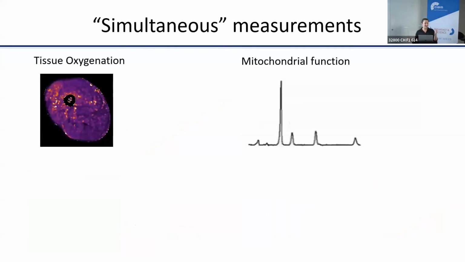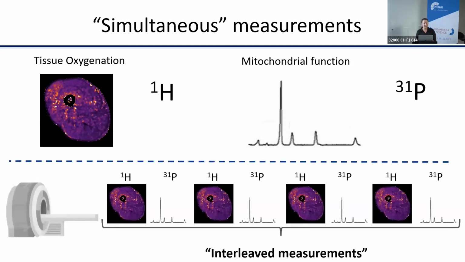And the nice thing about these two different measures is that the tissue oxygenation focuses on the proton, while mitochondrial function focuses on phosphorus, which allows you to measure them very easily directly after each other, because they're not really involved with each other. So you can measure mitochondrial function while the proton signal is still recovering after an RF pulse, which allowed us to use interleaved acquisitions on the 3 Tesla system.